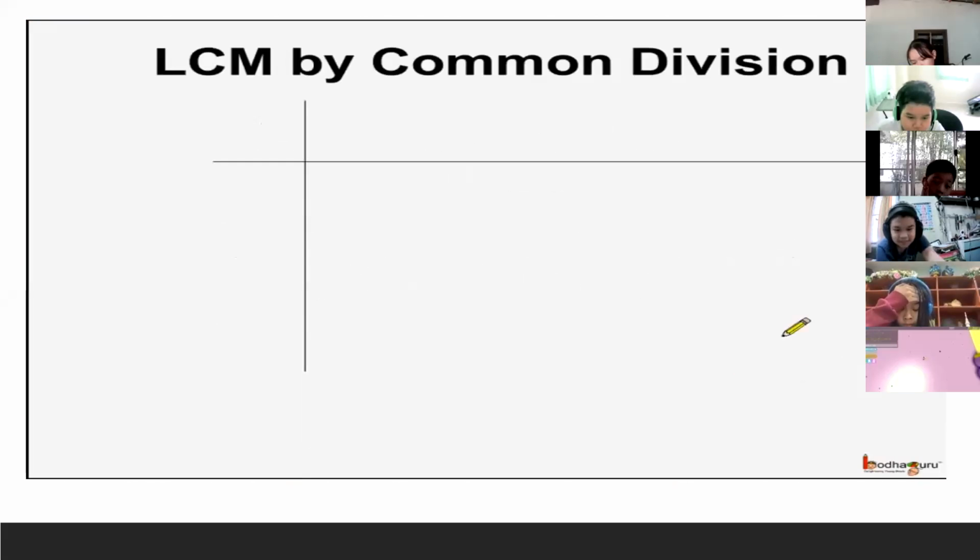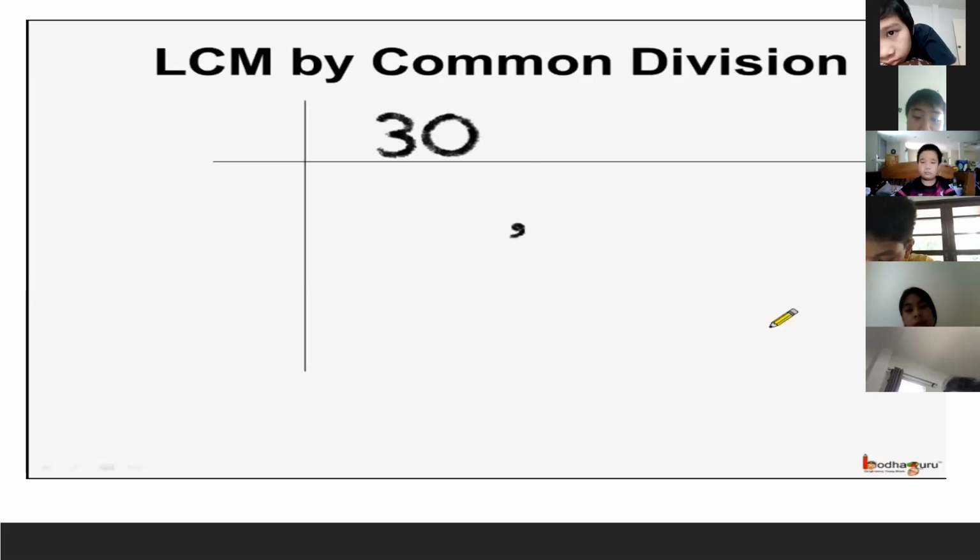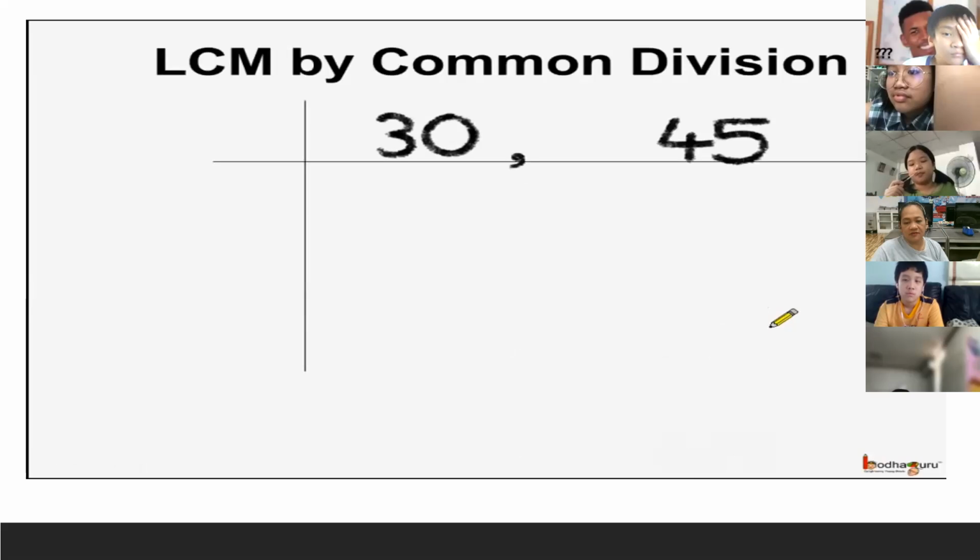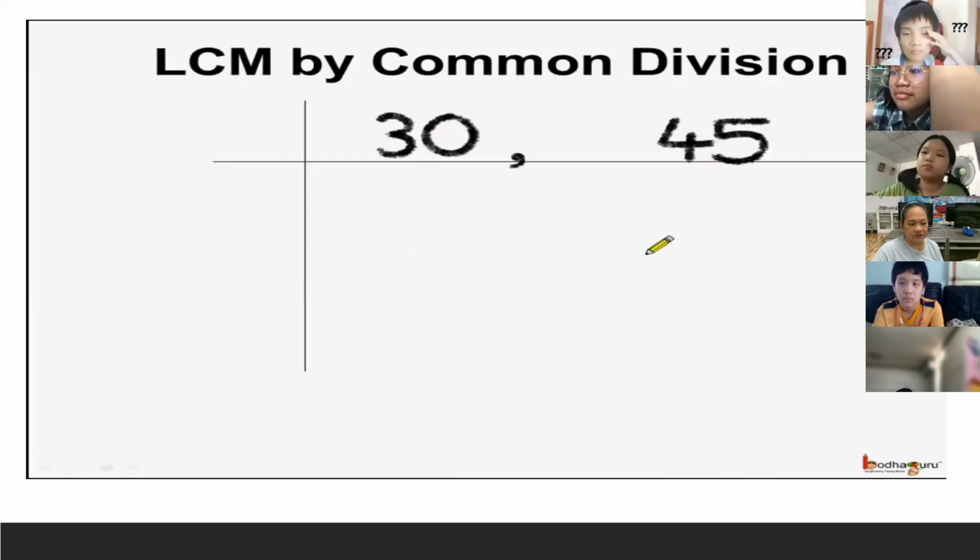Here we write the two numbers in a row separated by a comma.